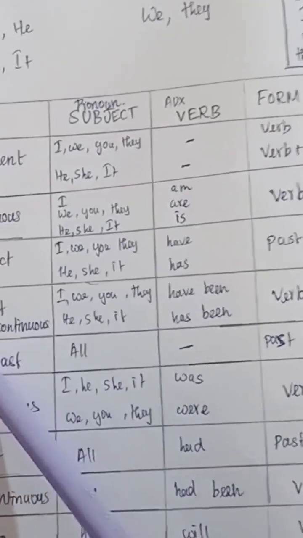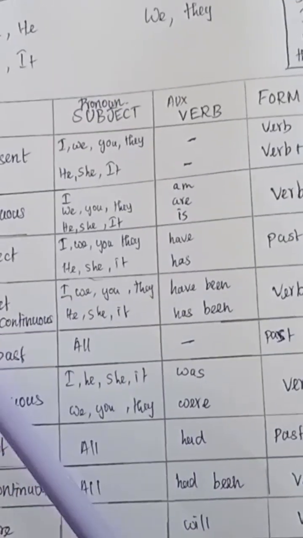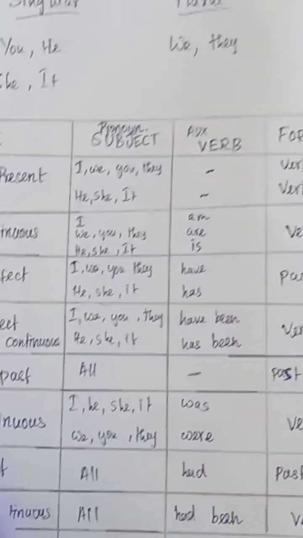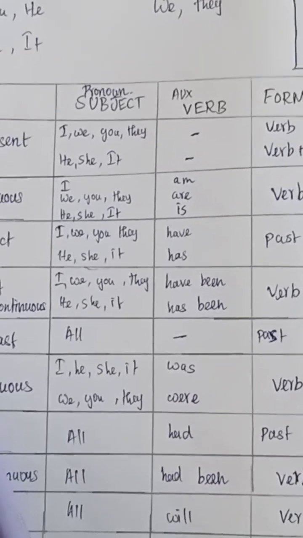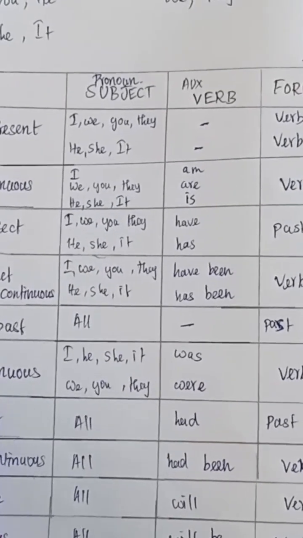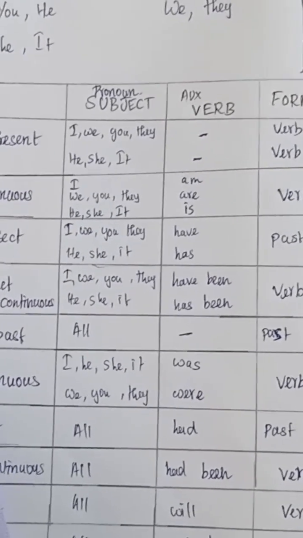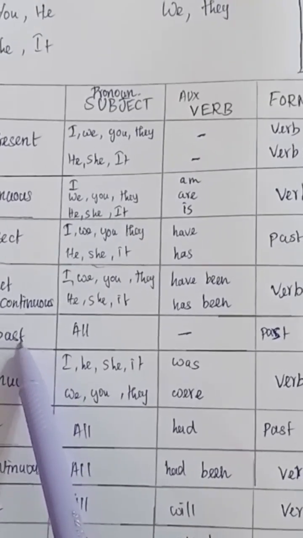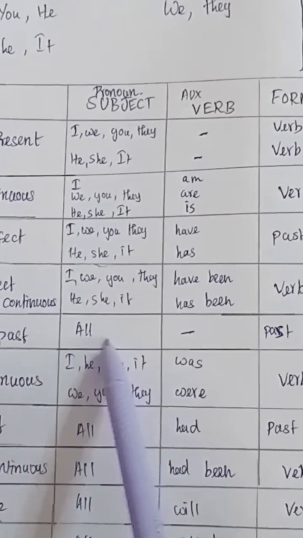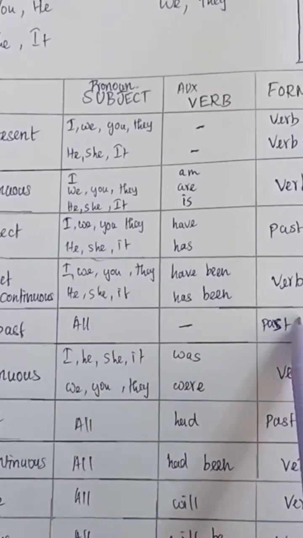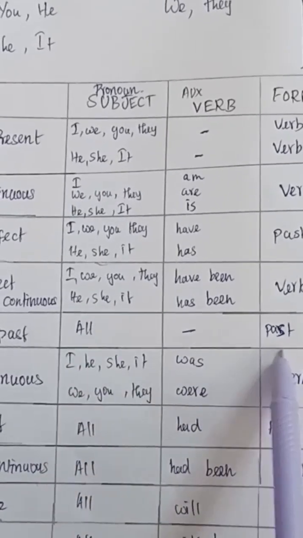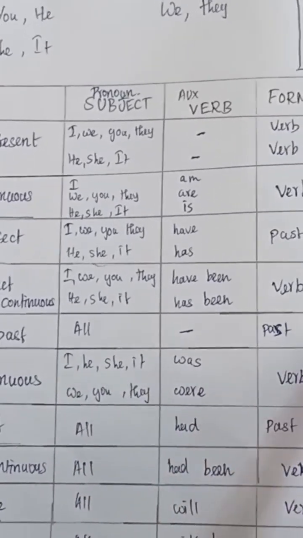So we are done with all the four types of present tense. And next let's move on to the past tense forms. It is simple past, which has all the pronouns as the same thing, and it will go along with the usual past tense.